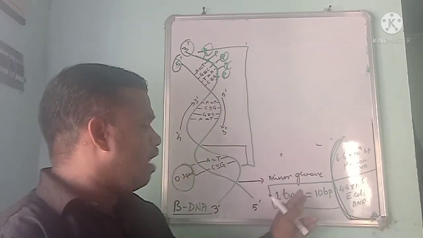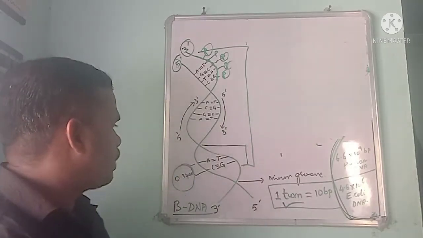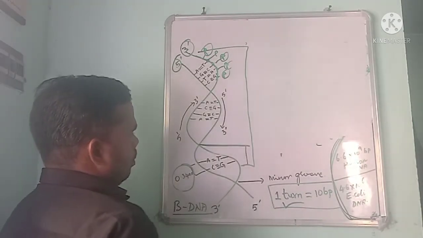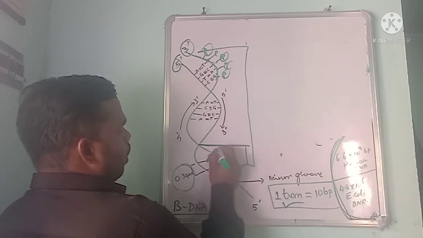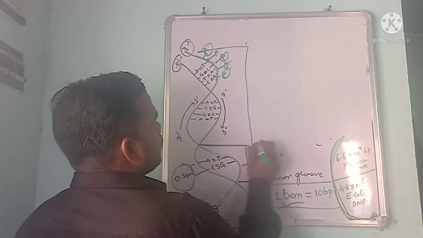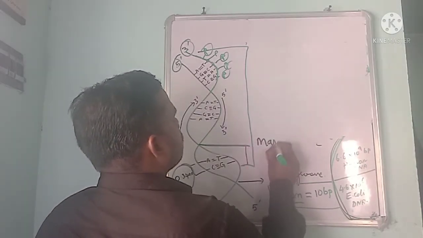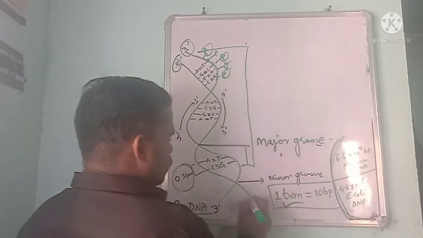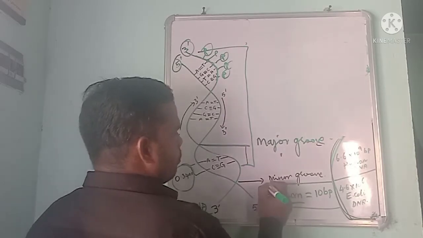So one turn will have 10 base pairs. Here we have two ridges: the large one we call the major groove, and the small one we call the minor groove.